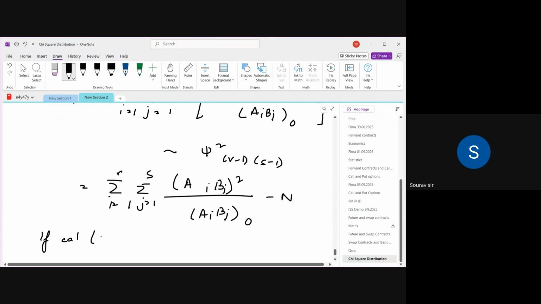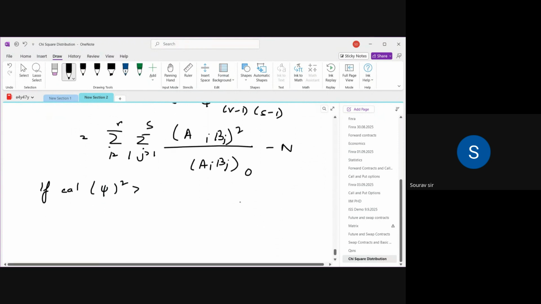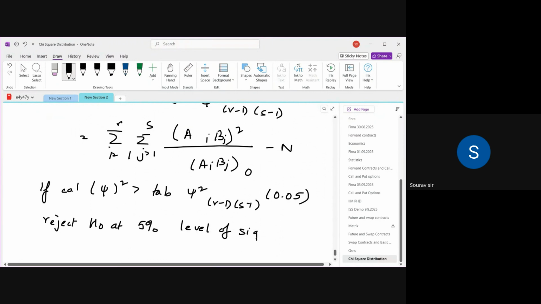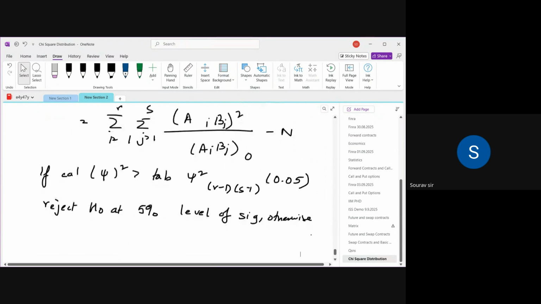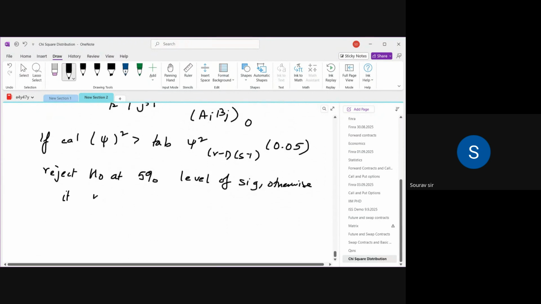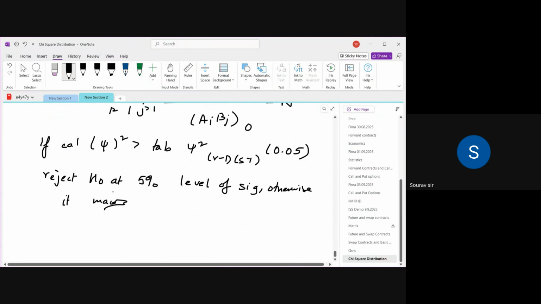If calculated chi-square is greater than the tabulated value for R minus 1 and S minus 1 at the significance level, then we reject H0 at 5% level of significance. Otherwise, obviously, it will be accepted.